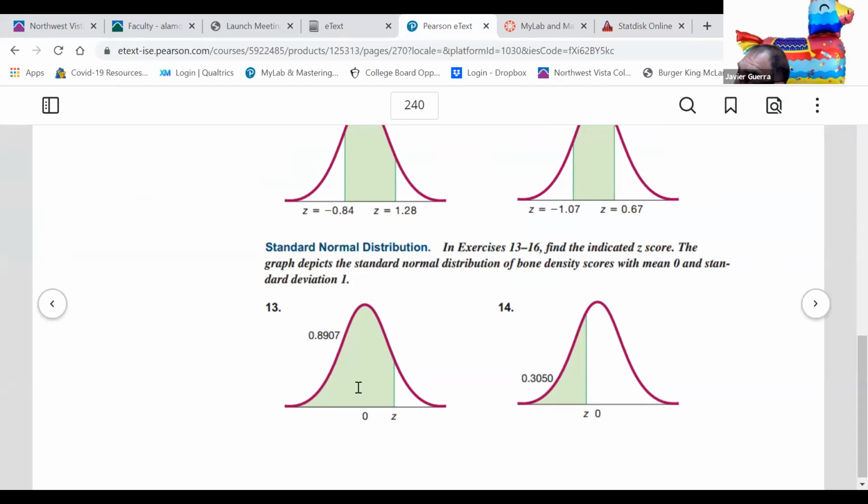The left side is shaded automatically for us. So we just have to enter 0.3050 into StatDisk. And that will give me this little Z number that goes right there. That's not equal to 0. 0 is supposed to be centered in the middle. But we're trying to find the Z number right there. That's what we're trying to find. So we're going to go ahead and go to StatDisk.